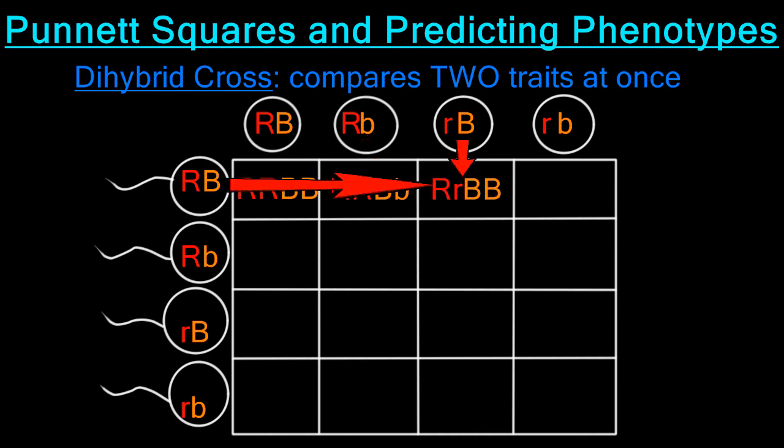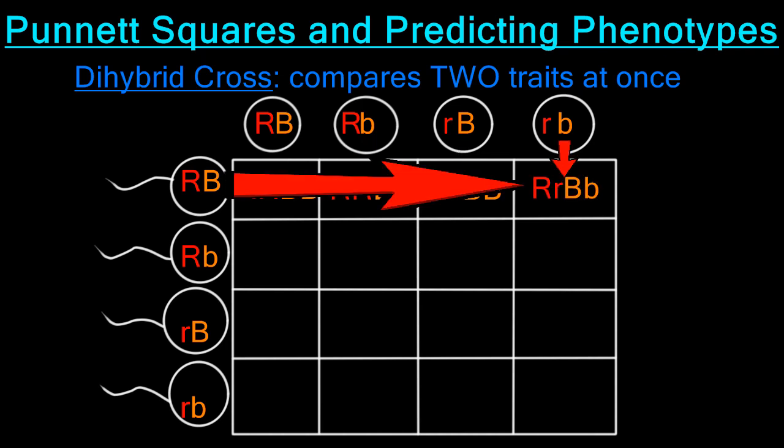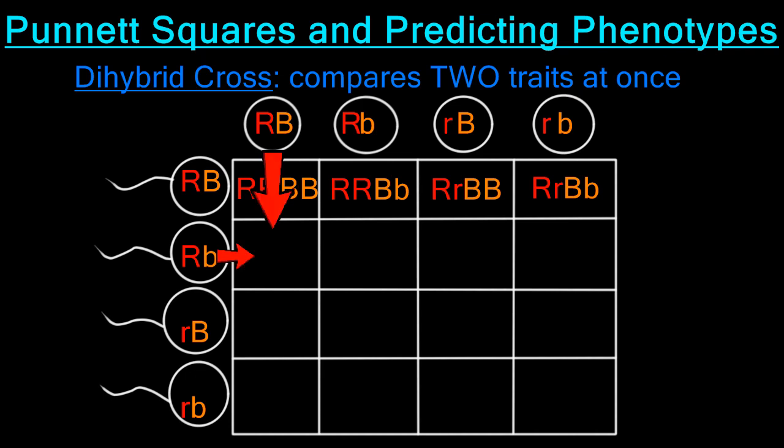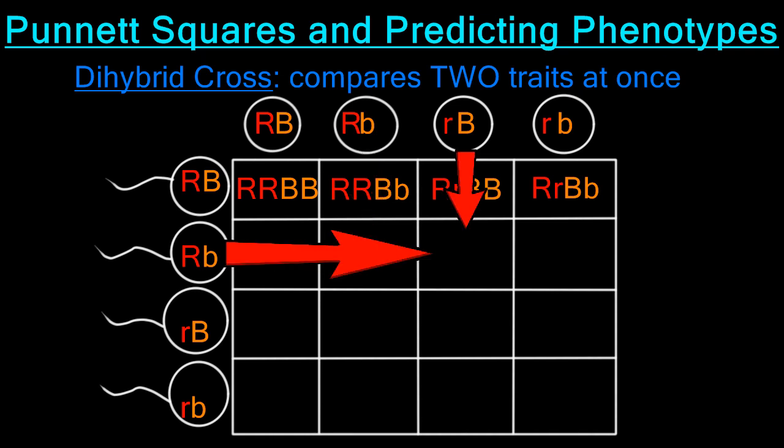This egg and this sperm would produce big R, little r, big B, big B. This egg and this sperm would produce an offspring with the genotype big R, little r, big B, little b. This egg and this sperm, big R, big R, little b, little b.